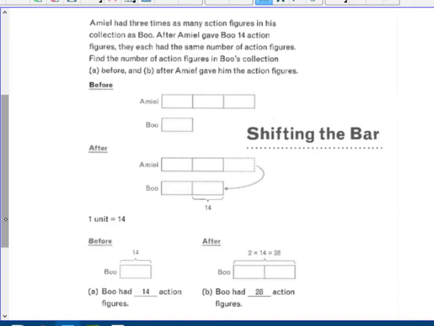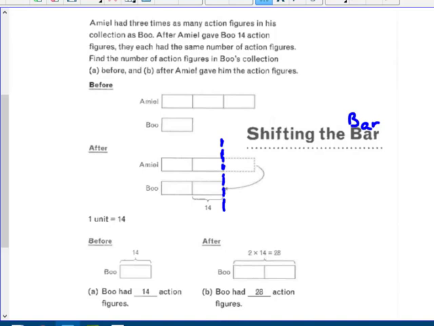So we're going to be shifting the bar, and you're going to have to fill in this bar because I think it didn't copy on your page. So after Emil gave Boo 14 of them, they had the same number. So just moving or shifting Emil's 1 bar down to Boo, that would give them the same number.